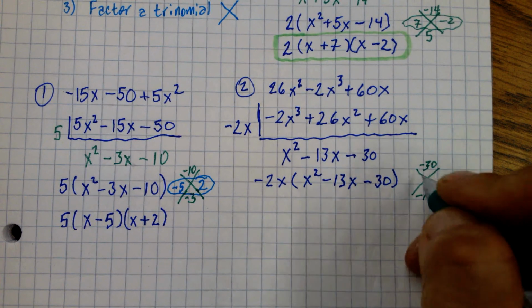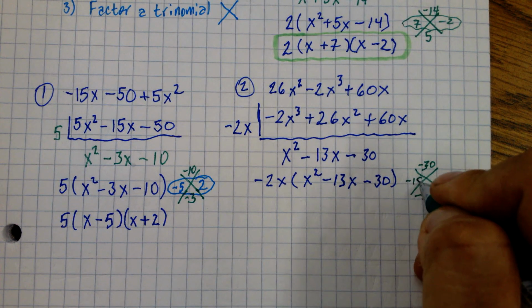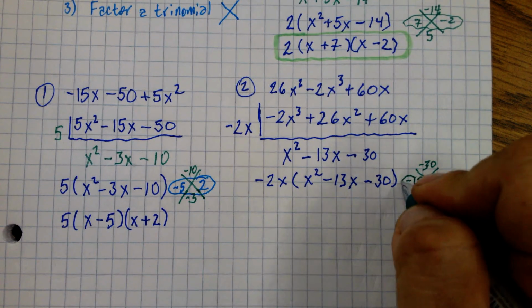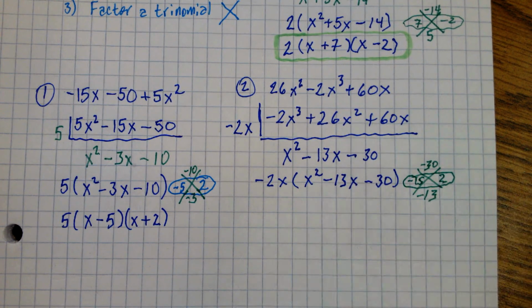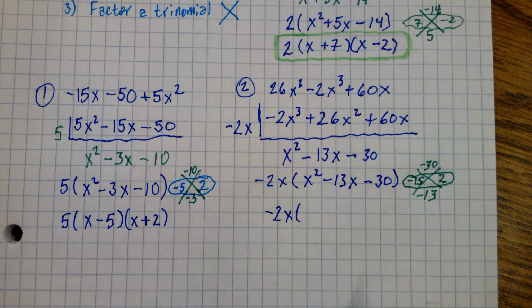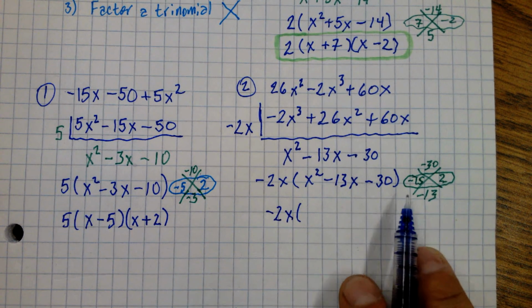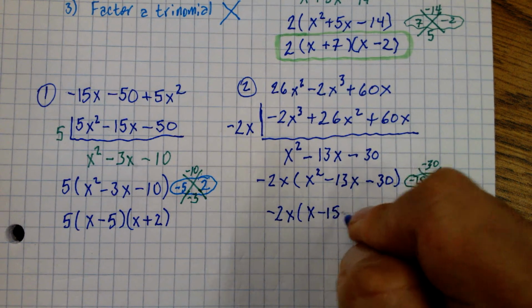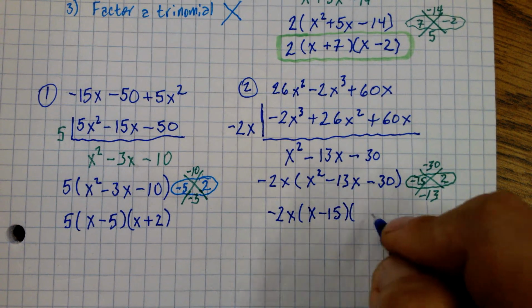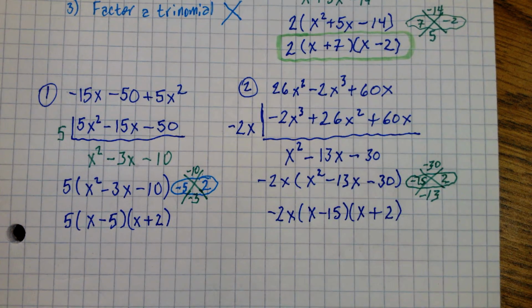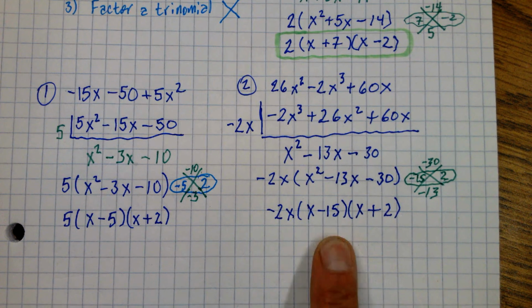Negative 15 and 2. Let's try these values. Okay, and so we've got negative 2x, and then this factors into x minus 15 and x plus 2. And that's our answer.